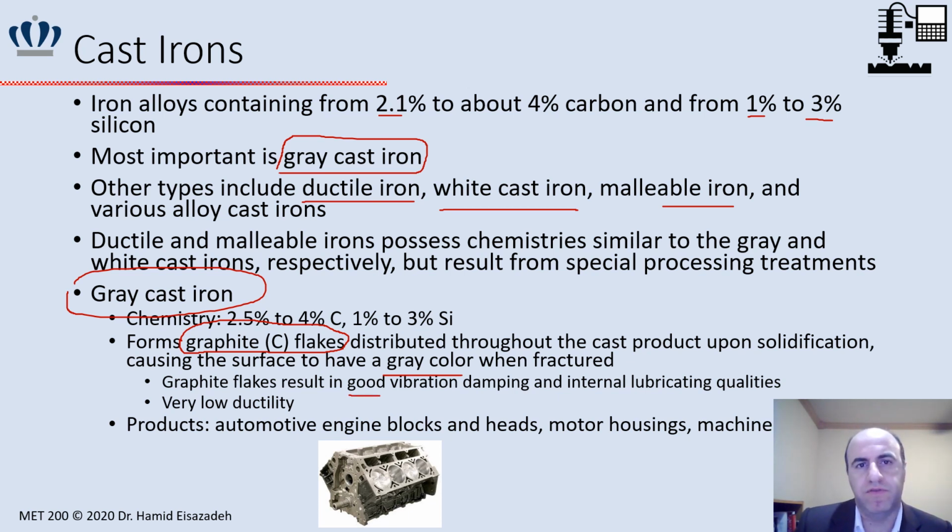For example, the first one is good vibration damping, and also it has good internal lubrication. And the third one is low ductility. Because of these 3 advantages, we can use this material for automotive engine blocks or motor housings or machine tool bases.